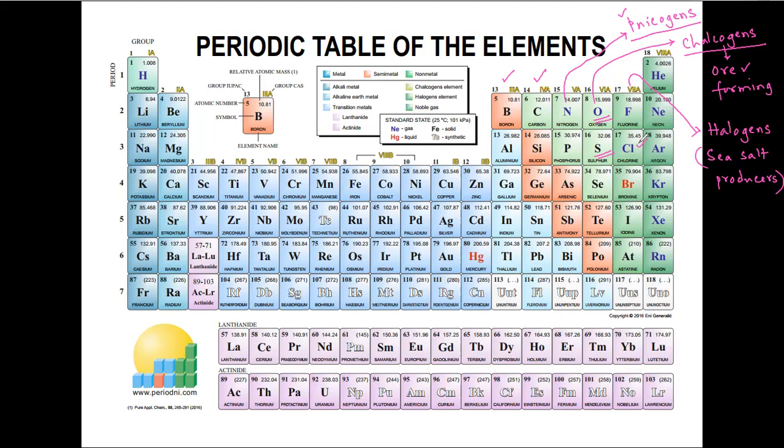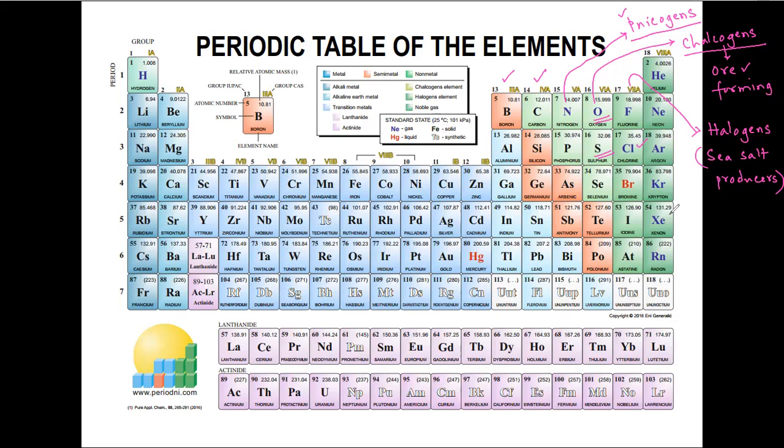That is the reason why these elements were given the name halogen. Okay, so 5th A or 15th group is called pnicogens. 16th group or 6th A group elements are called chalcogens. 7th A or 17th group elements are called halogens.